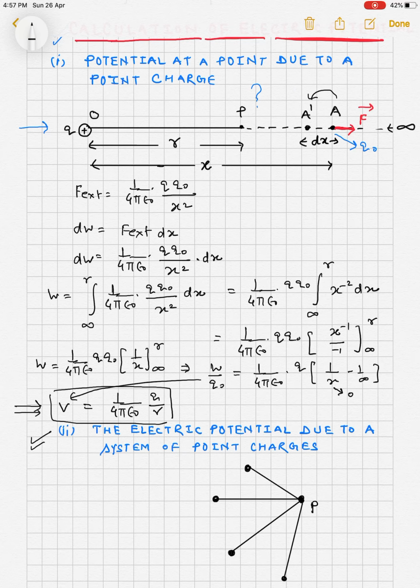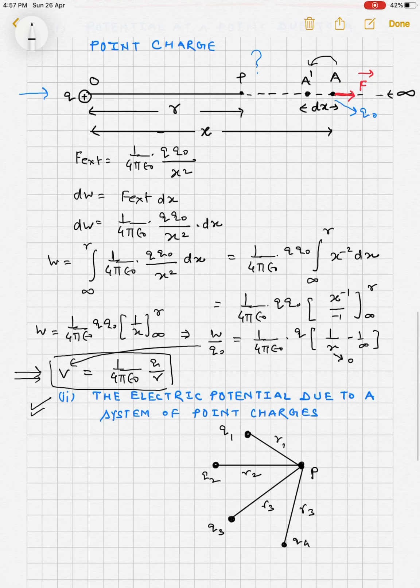Now next, the electric potential due to a system of point charges. So here is a point P, and suppose here is Q1 which is at a distance R1 from P, second is Q2 which is at a distance of R2, third one is Q3 which is at a distance R3, and the fourth one is Q4 which is at a distance of R4. So at P, the electric potential due to these charges, here I am showing only 4 charges.